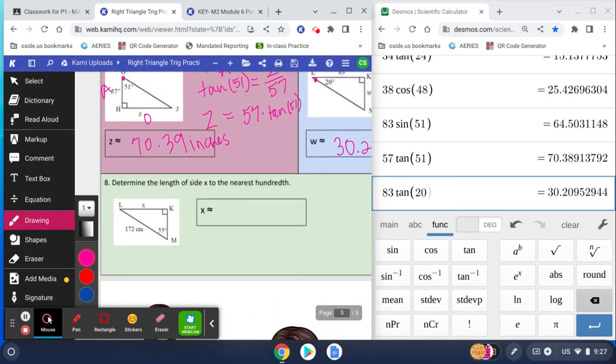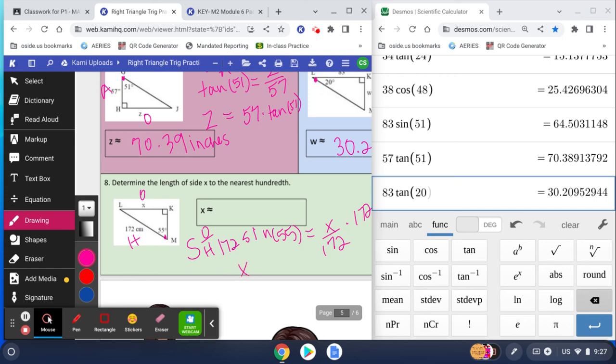Okay, last one. Which trig function uses an opposite and a hypotenuse? You got it. It's the sine function, the SO of the SOHCAHTOA. Sine of 55 is equal to opposite over hypotenuse. We're going to multiply both sides by that denominator of 172.